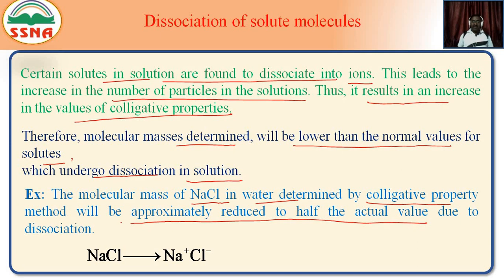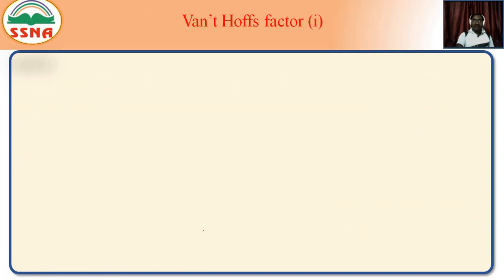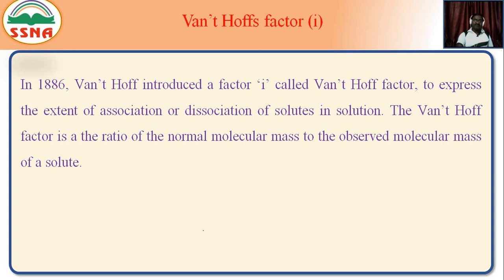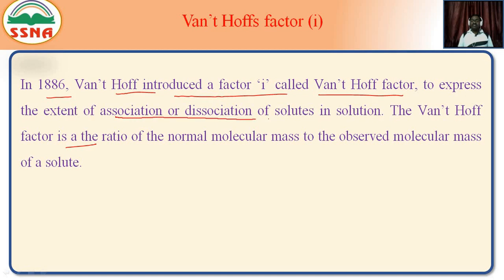Yes, sodium chloride undergoes dissociation to form Na+ and Cl-. This association or dissociation observed on molar mass is predicted by a term, van't Hoff factor. In 1886, van't Hoff introduced a factor i, called van't Hoff factor, to express the extent of association or dissociation of solutes in solution.